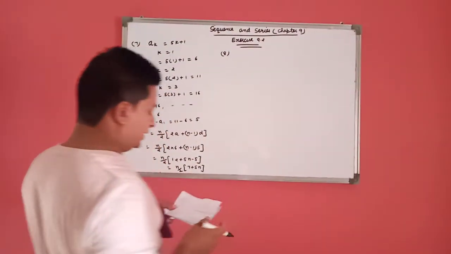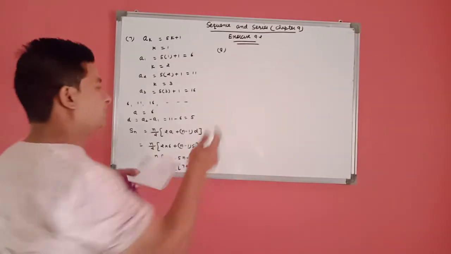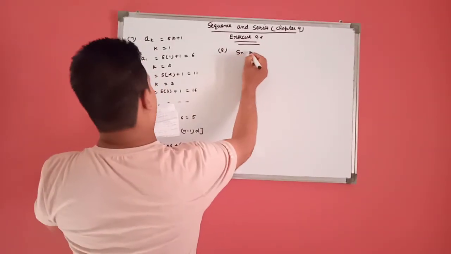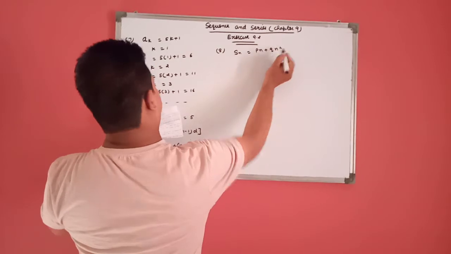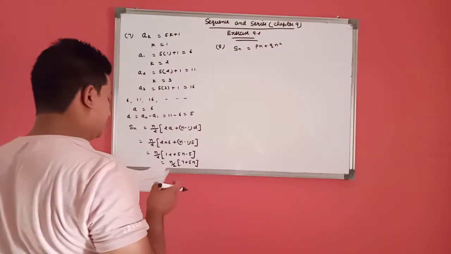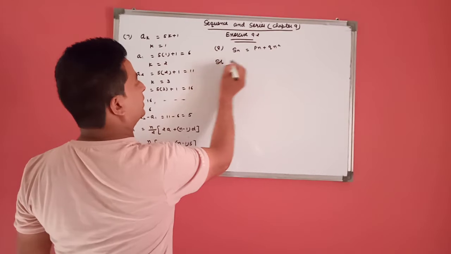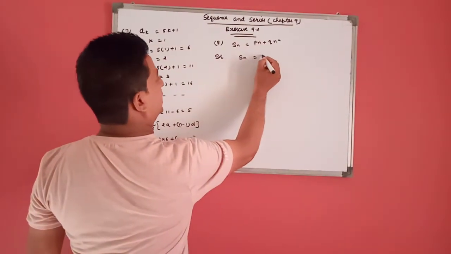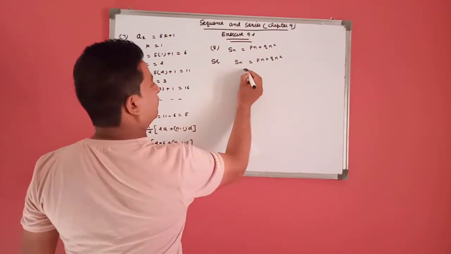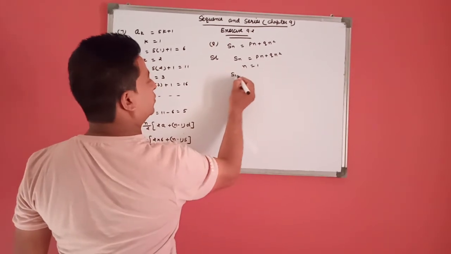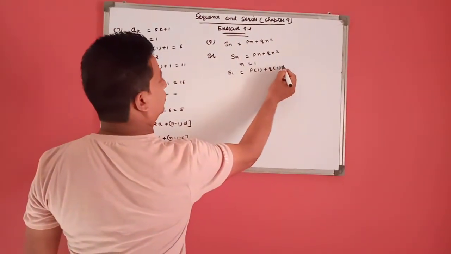In question number 8 the statement is: if the sum of the n terms of an AP is Pn plus Qn square, where P and Q are constants, we are required to find the common difference. First we put n equal to 1, then P into 1 plus Q into 1 whole square.